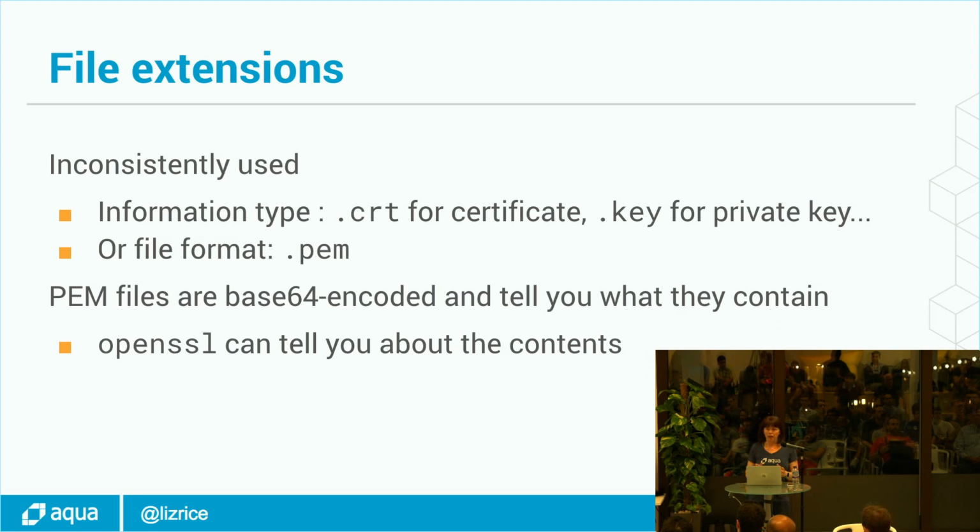File extensions can be really confusing and they're used inconsistently. PEM format files do at least give you a human readable way of quickly seeing what kind of contents they have. You can also use OpenSSL to actually get inside both PEM format and binary format files.